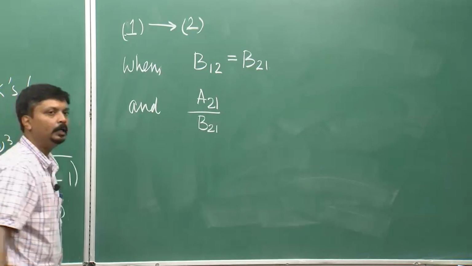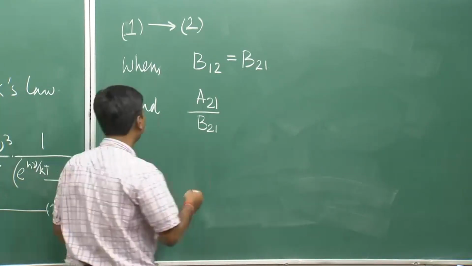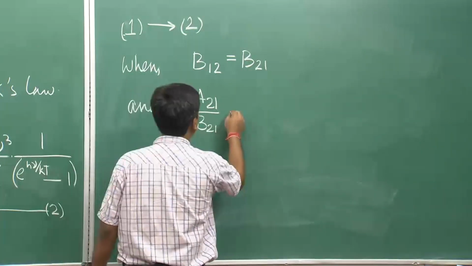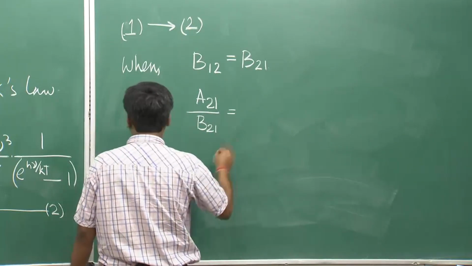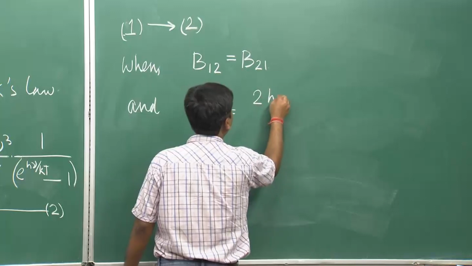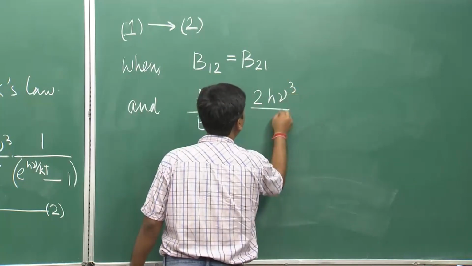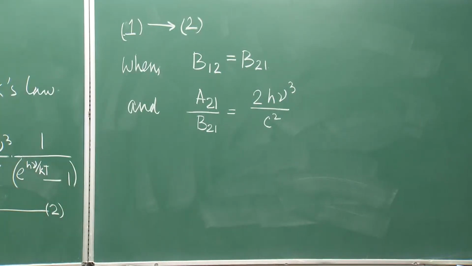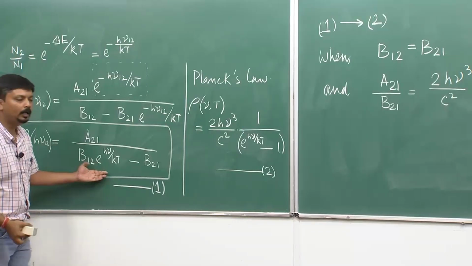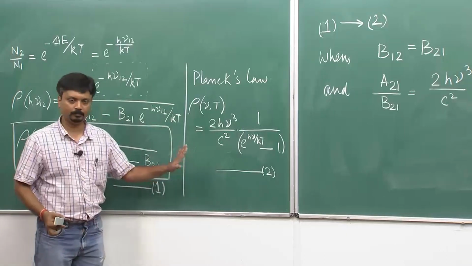Okay. So, these two are equal, so I can take any one of them. So, here it is equal to 2 h nu cube by c square. If you use these two, you will see that this equation 1 and 2 are identical.